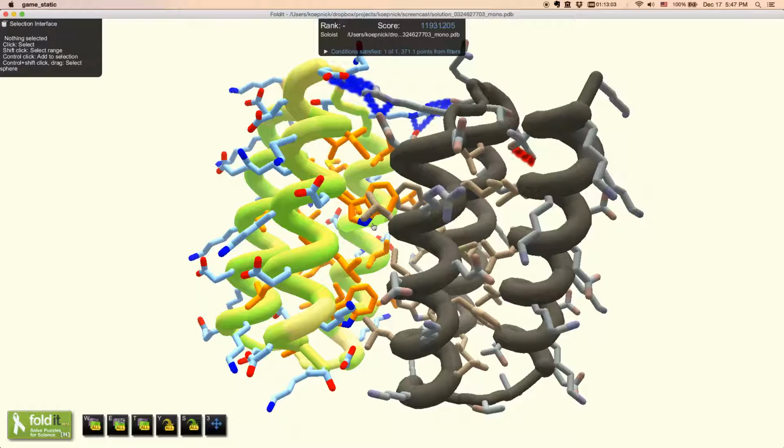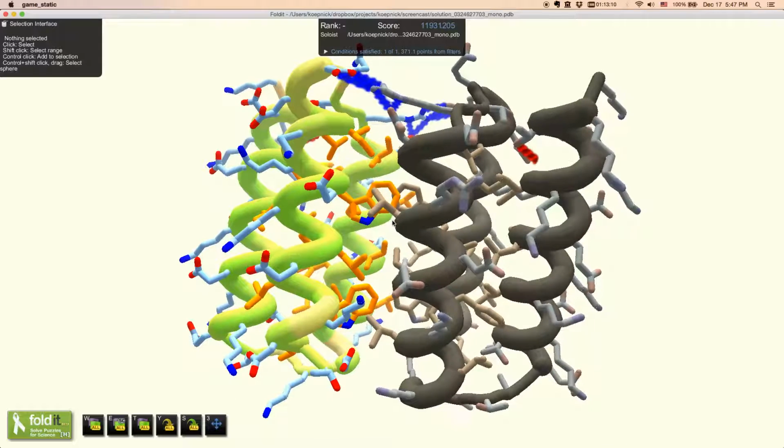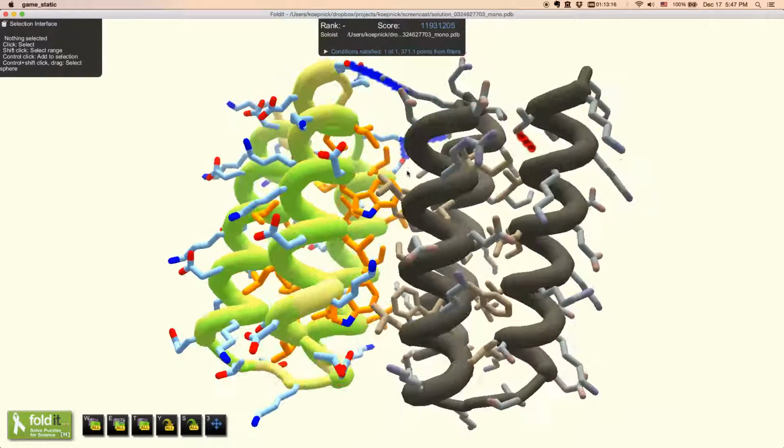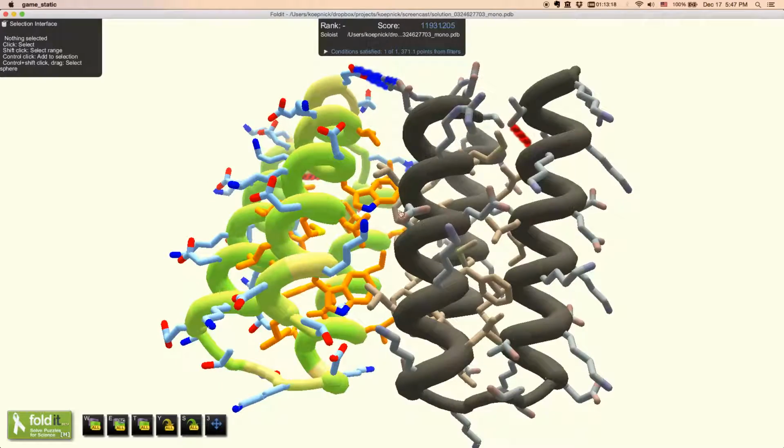Very rarely do you find this in natural structures where you have a buried polar atom that does not make a hydrogen bond. So that would actually probably prohibit these proteins from binding one another, or at least from binding very strongly. So that's another problem.